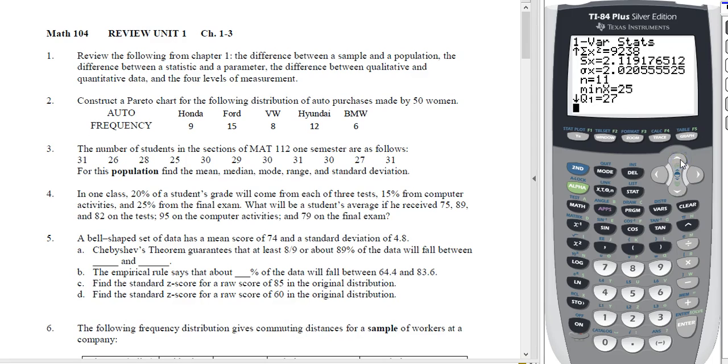There may be more than one, there may not be any one. So we'll have to go back to the list to see the mode. The range is the difference between the min and the max. So we can scroll down and see the min and the max, subtract the maximum value minus the minimum value, 31 minus 25, and that gives you 6 for the range.